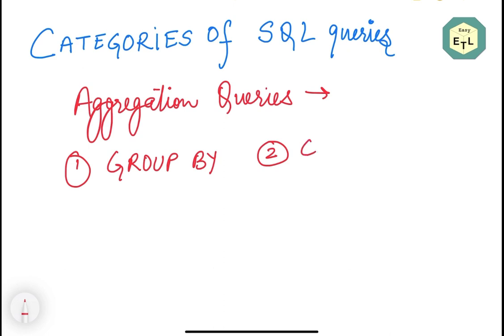Second is count. It returns you the count of the number of rows that are there in the result set that you have generated using your SQL queries. The third type is sum. As the name suggests, it calculates the sum of the values.